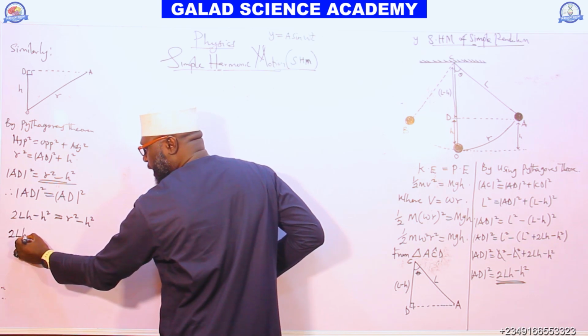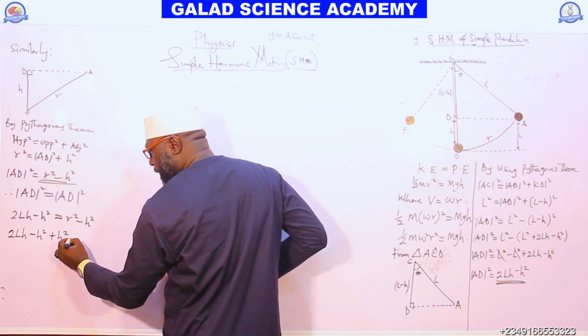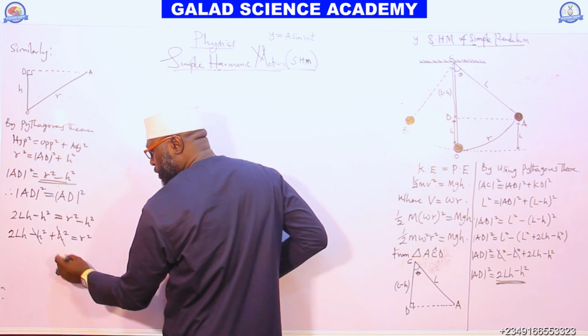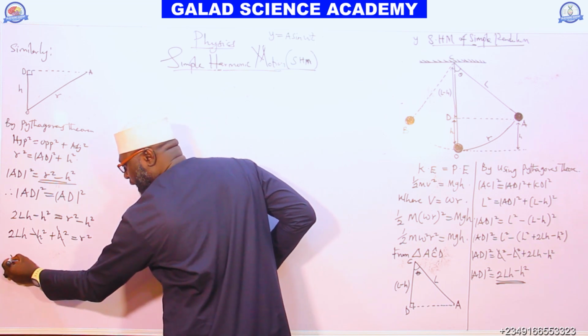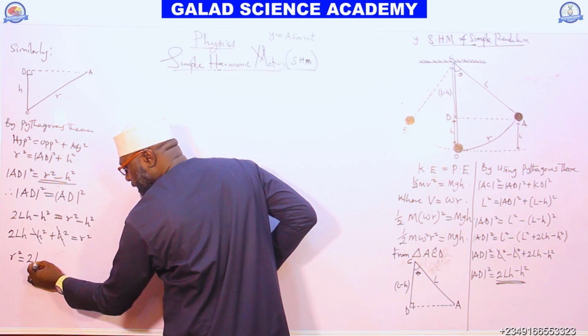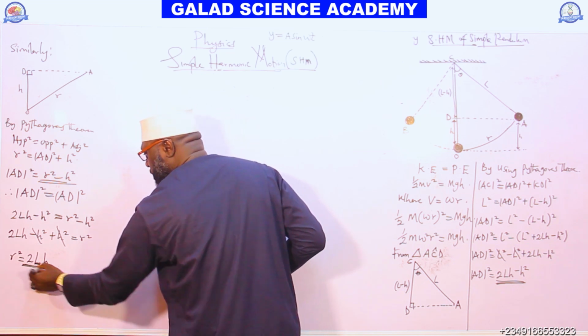You have 2LH minus H square plus H square equal to R square. This will cancel each other. You will now have R square equal to 2LH.